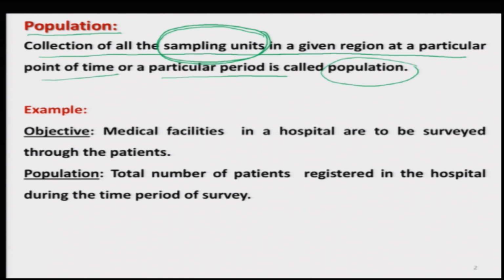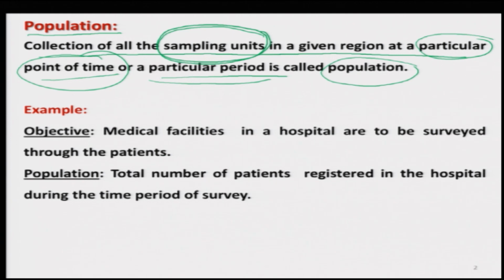And here I am using a part of a sentence, particular point of time or a particular period. The definition of the population basically depends upon the objective of the study and the environment under which we want to conduct the experiment.